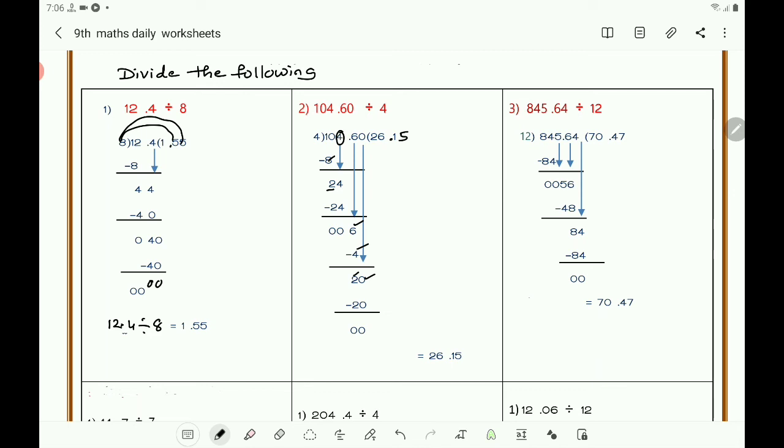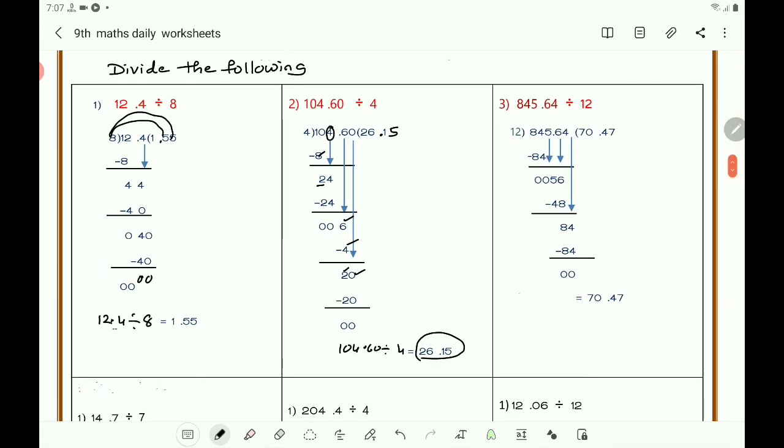So you will get 0. 20 minus 20 is 0. Therefore 104.60 divided by 4 equals 26.15.